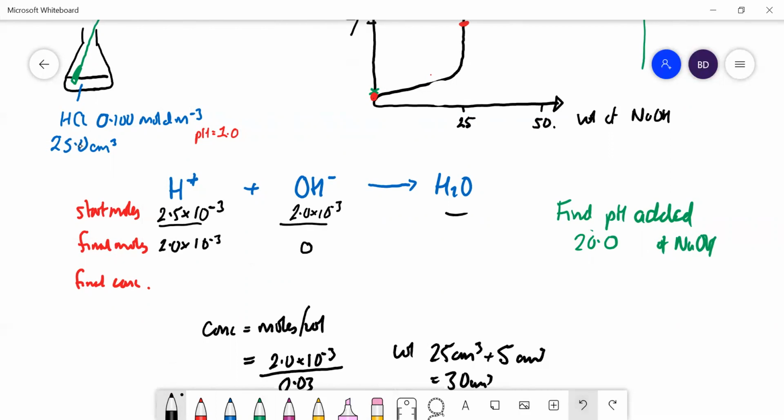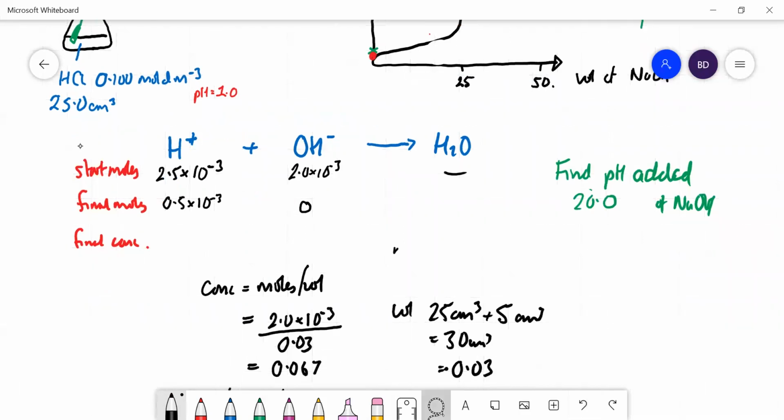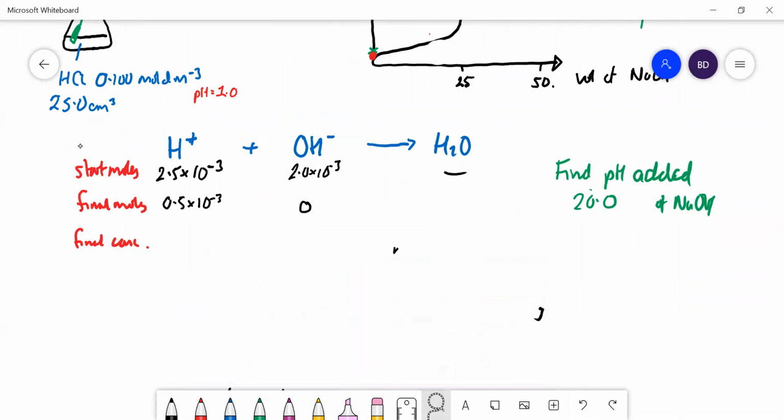So that's going to be 0.5 times 10 to the minus 3. And the new volume, well, we've added 20 plus 25.